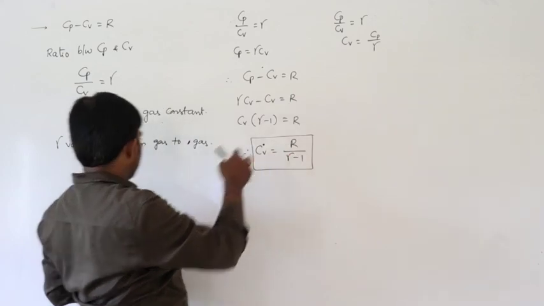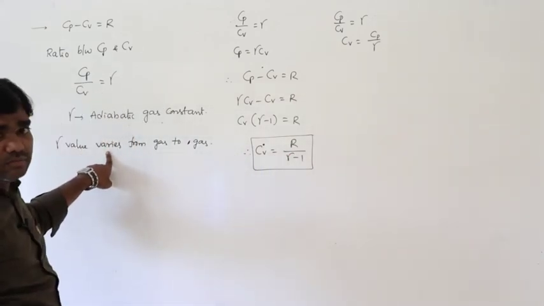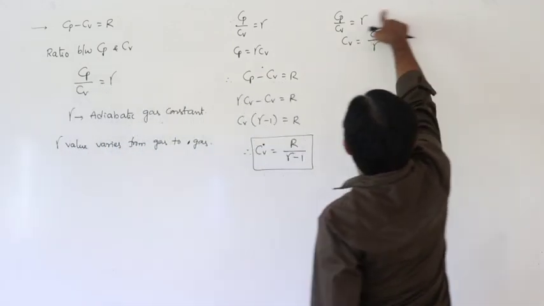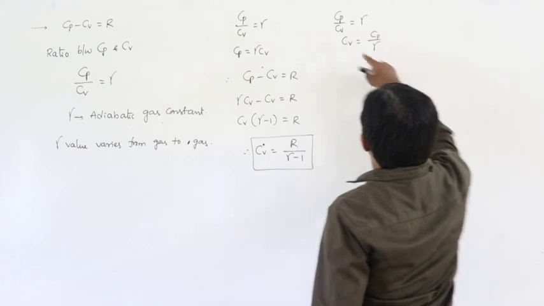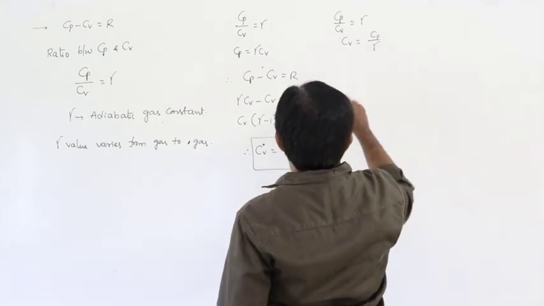So what is gamma? The adiabatic gas constant, whose value varies from gas to gas. Here, Cp by Cv is equal to gamma, so Cv is equal to Cp by gamma.